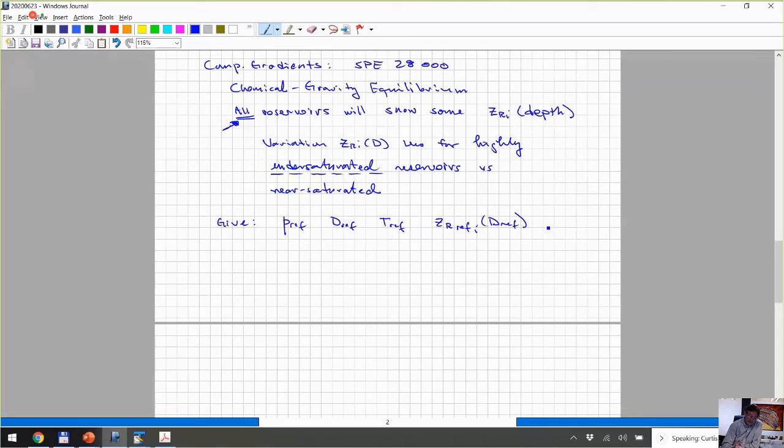And with that, it will give you reservoir pressure with depth and composition as a function of depth. It must, whether it finds a contact or not. So you always have to give this information for a gradient calculation.